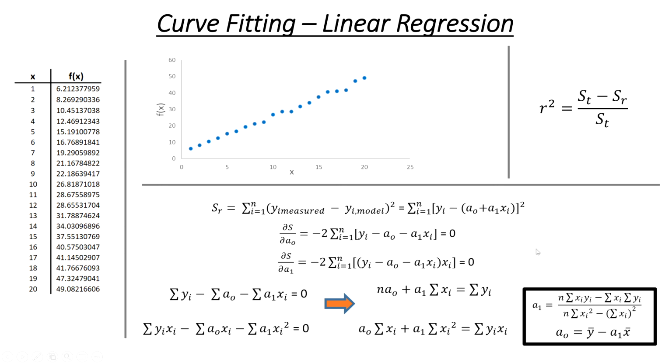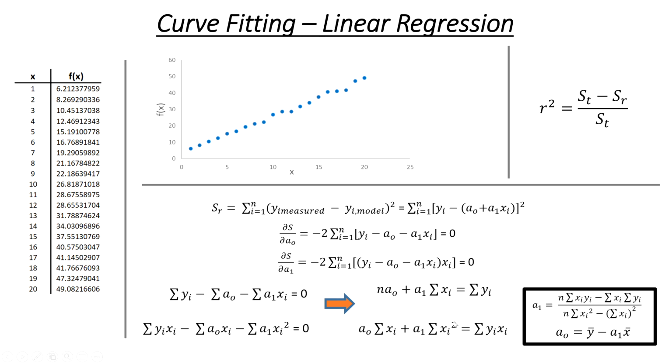We also mentioned that this is an optimization problem, which is why we took the derivative with respect to a0 and the derivative with respect to a1, and we set these equal to 0. We distributed the sum inside, got those two equations, and then applied the sigma properties to get these two versions.